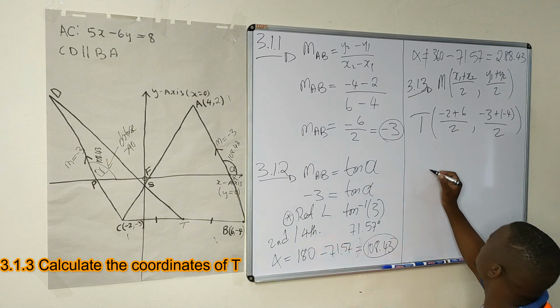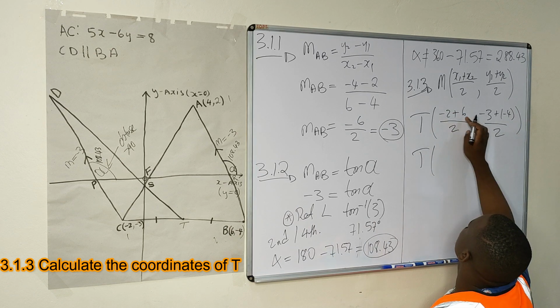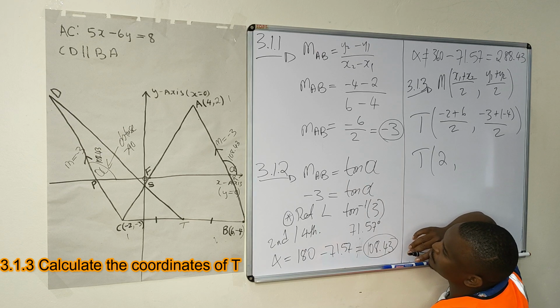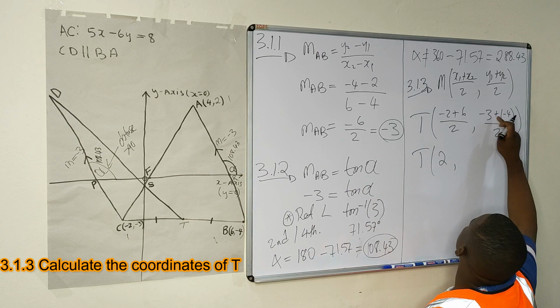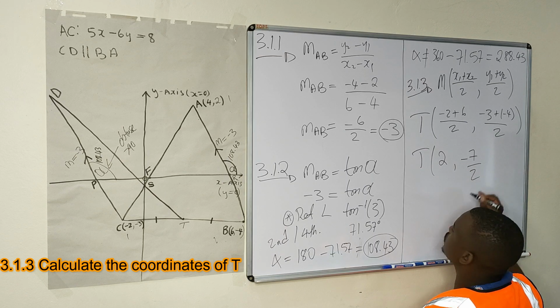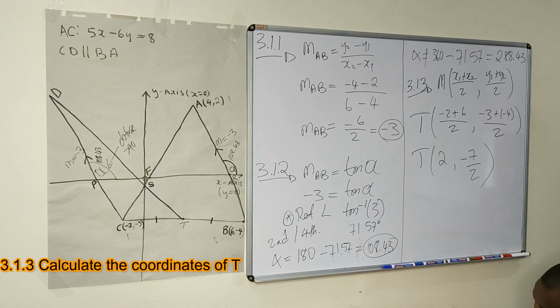So the coordinates of T: this and that is 4 divided by 2, that's 2. This and that is minus 7 over 2. So these are the coordinates of T.